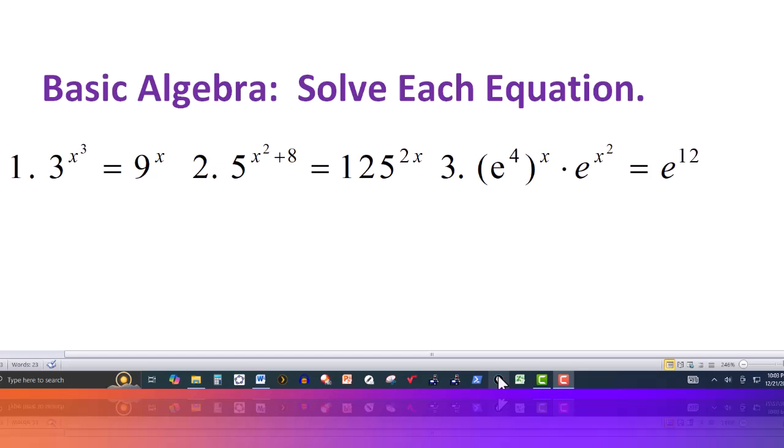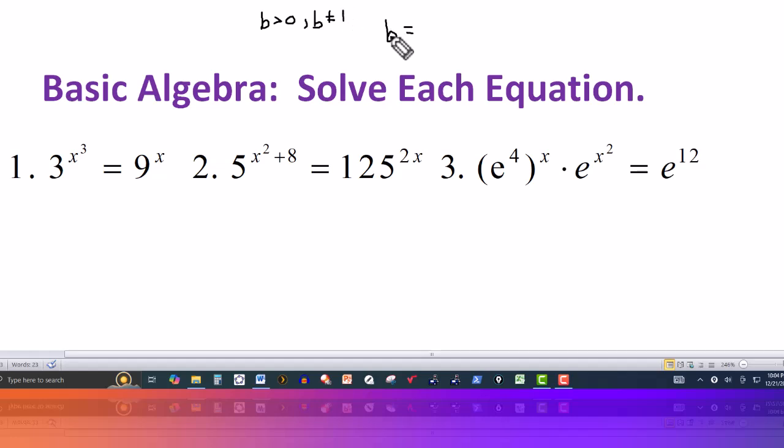But for this video we're going to use this property that tells me if I have a base b, and the only condition here is we want the base b to be positive and the base cannot be 1.